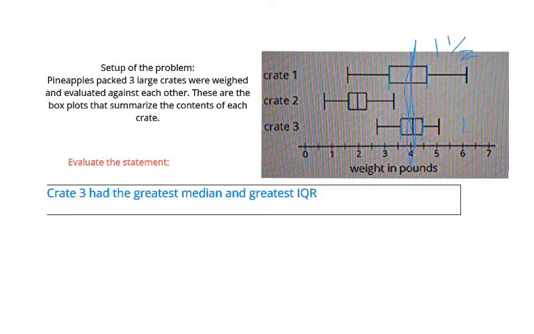So crate 1 is tied for the greatest median, since they have the same median, but it has the greatest interquartile range. So that statement, as it was given, is false.